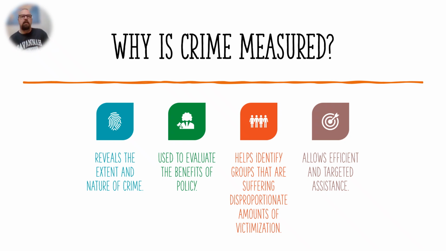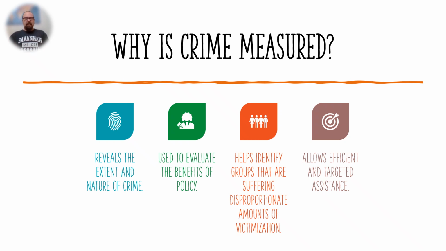So it allows us to understand how prevalent that type of crime is in society, and it helps us understand the incidents better: characteristics of offenders and victims, characteristics of neighborhoods where crime occurs, and things like that.